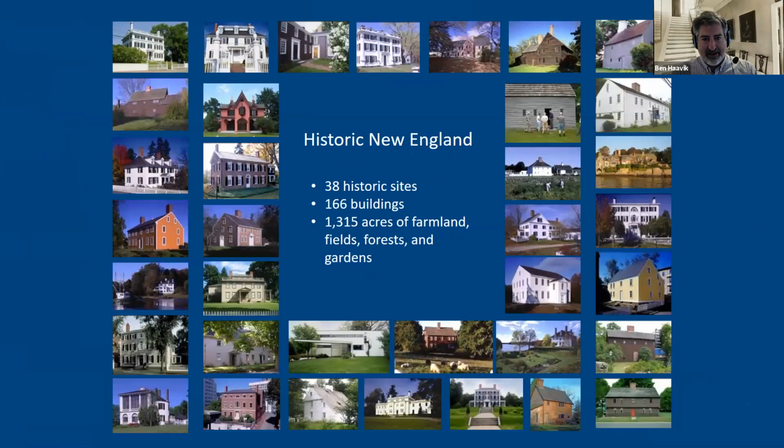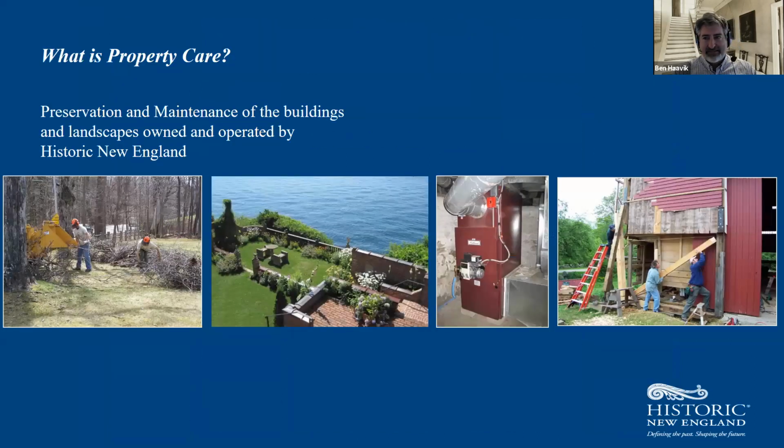As referenced, I work for Historic New England. We have 38 historic sites, which means 166 buildings and over 1,300 acres of landscape from Rhode Island up to mid-coast Maine, from the 17th century to the 20th century. And my team is the property care team. We're responsible for the preservation and maintenance of the buildings and landscapes owned and operated by Historic New England. So we are a nonprofit.